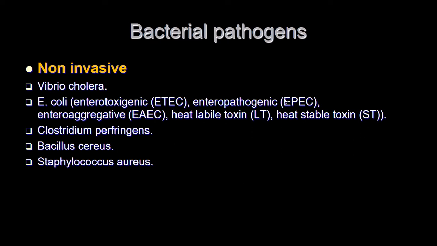Enterotoxigenic, and then we have the enteropathogenic Escherichia coli, and then the enteroaggregative type of Escherichia coli, and the type of toxins that are produced in those, like the heat labile toxin, and we have the heat stable toxin as well with these infectious agents.